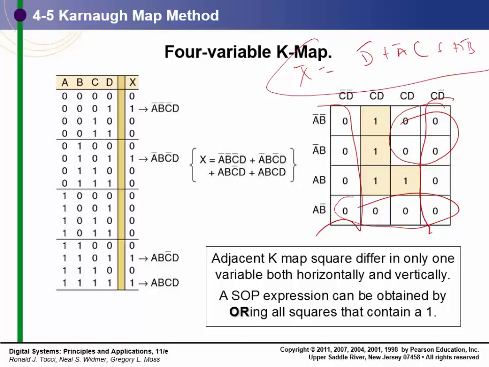So you would then say that the function is D naught or A naught C or A B naught, all knotted. So the function is D naught knotted times A naught C knotted times A B naught, all knotted right there.